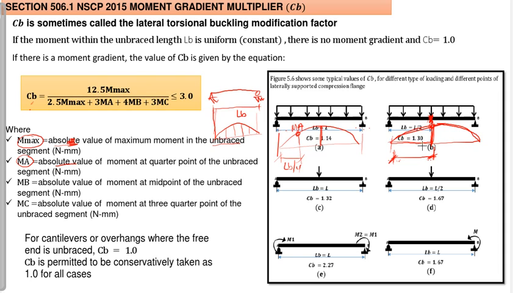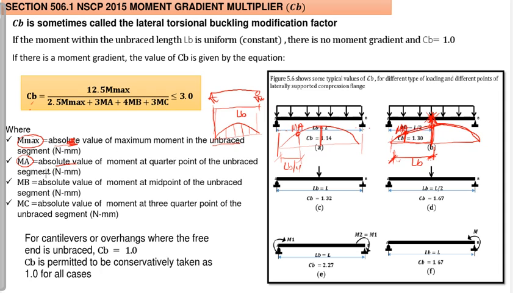Okay? So, pag dito naman, dito lang yung LB natin. So, yung quarter point of our unbraced length, andito siya. So, andito yung MA mo. Okay? So, LB over 4. Yung LB mo is yung kalahati nung buong span mo kasi meron kang support dito sa gitna. So, yan lang yung unbraced length mo. Okay? So, andito yung MA, quarter points.